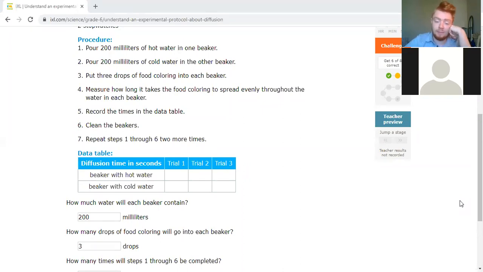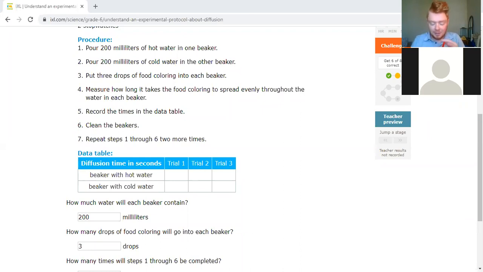Okay. Reham. 12. Oh, that's what I was looking at.